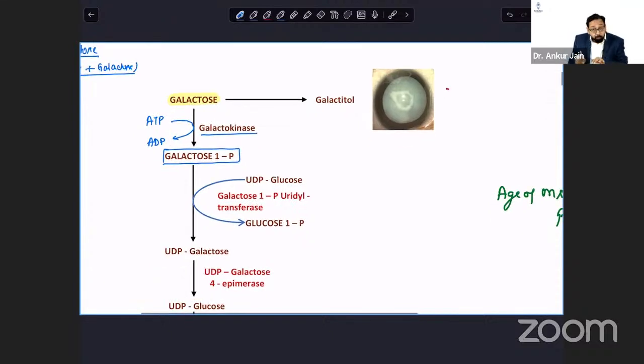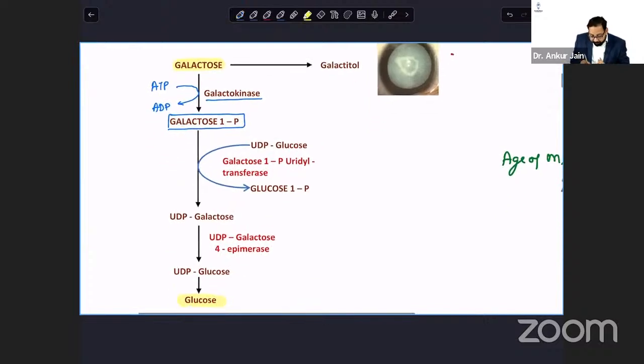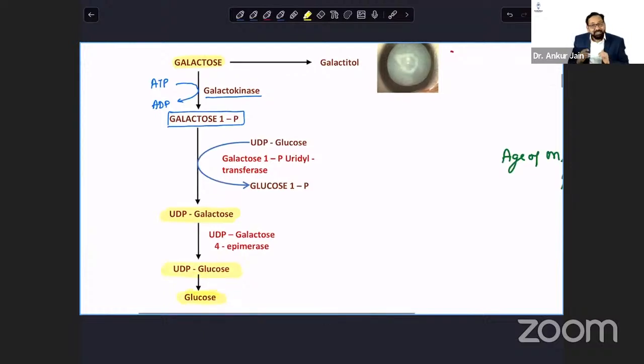I am skipping a few steps, don't worry, I am simplifying it for the time being. Now I hold this OH and rotate it from left to right, and it becomes UDP glucose. So this is galactose metabolism. Got the point?